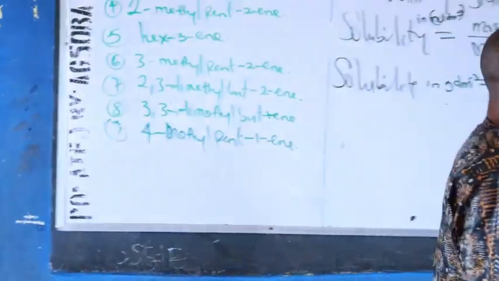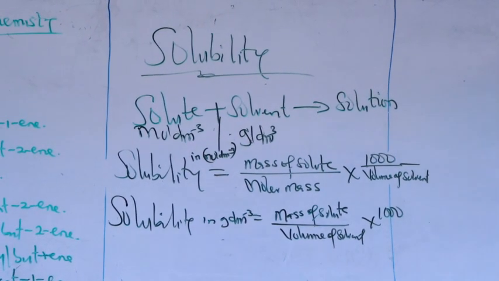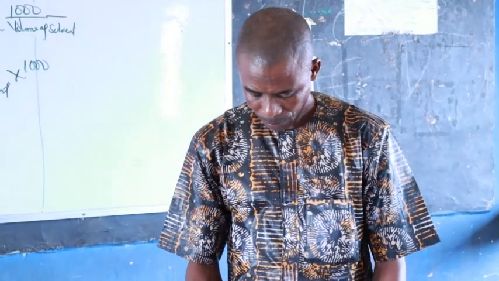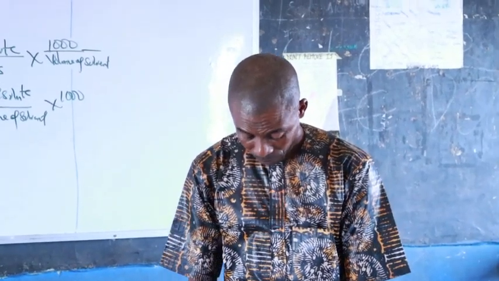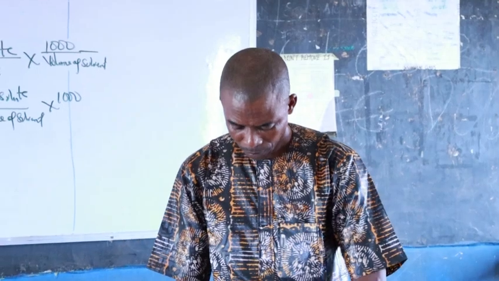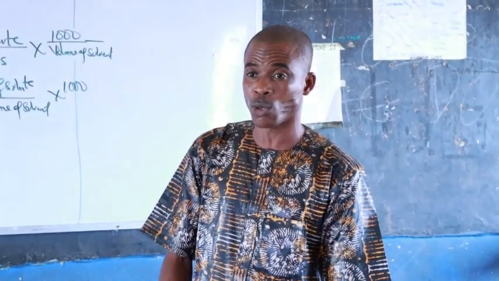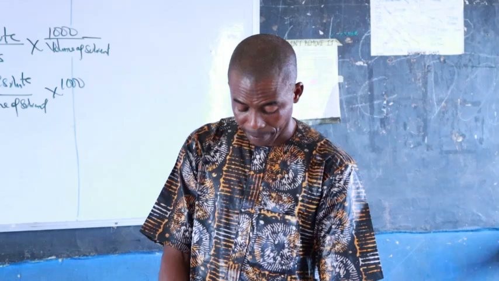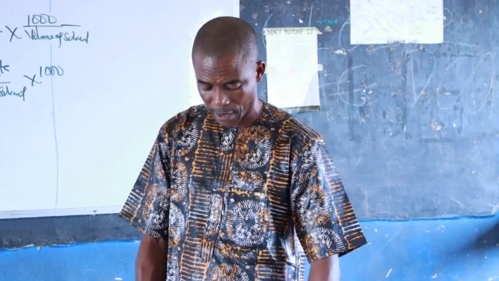So let us look at an example here. Find the solubility in mole per dm³ of copper(II) tetraoxosulfate(VI) dissolved in 100 grams of water at 120 degrees centigrade.